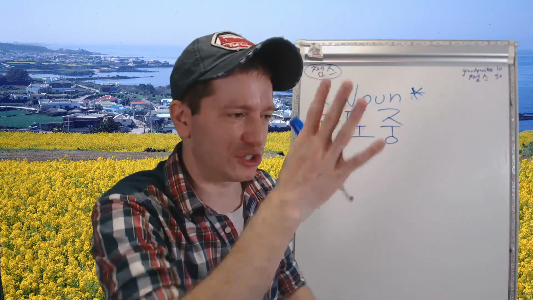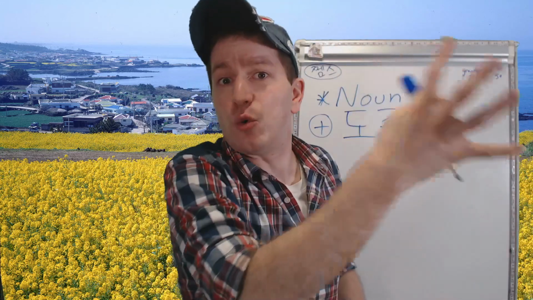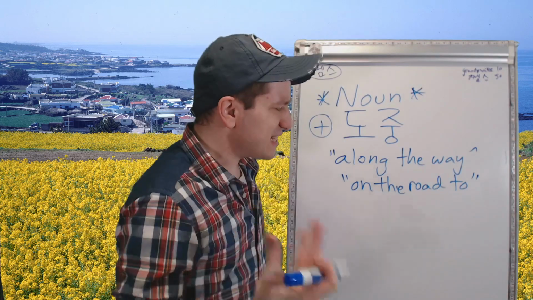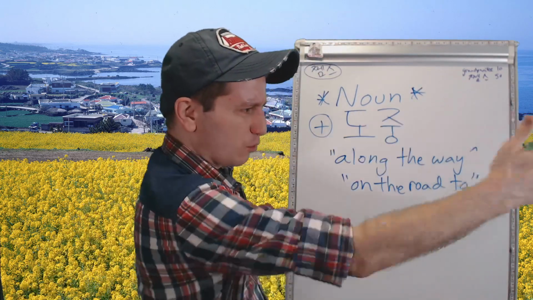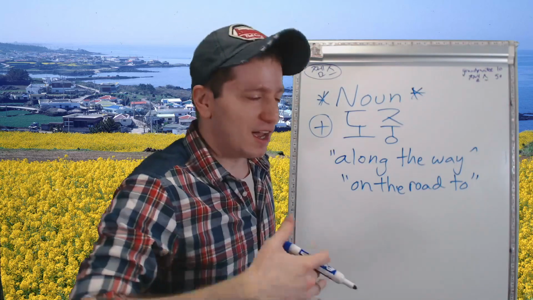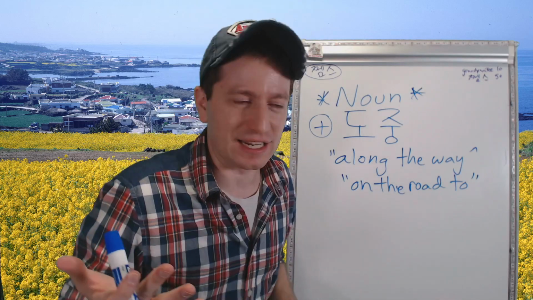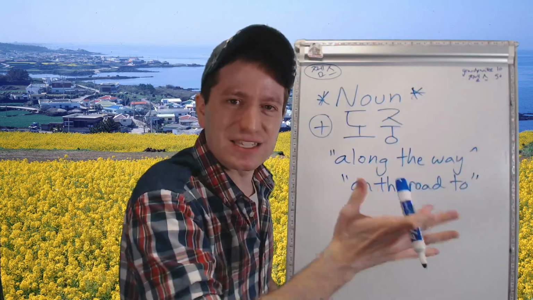You're taking care of all the steps in the process, and on that road, along the way. This can also be used to say not just the actual road that we're moving, but also more of like, on the road to, right? Like on the road to learning Korean, there will be many setbacks, that sort of meaning. So it's talking about the sort of process to doing something.